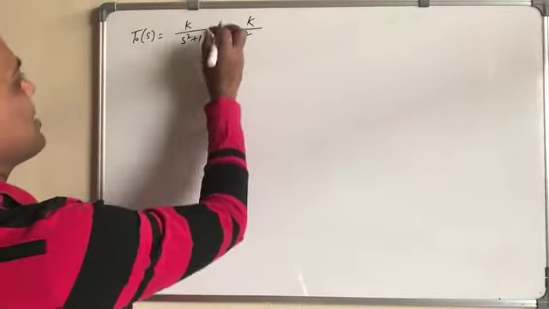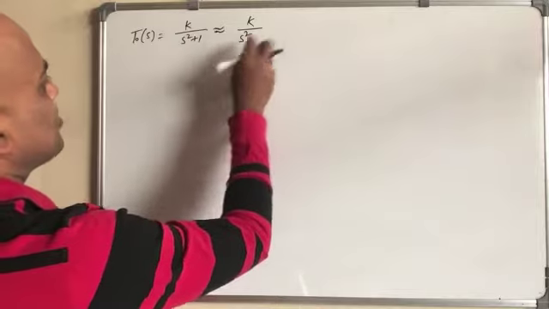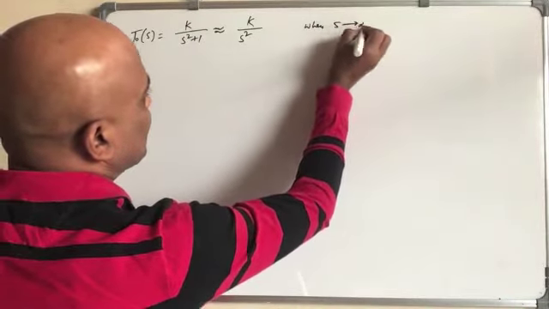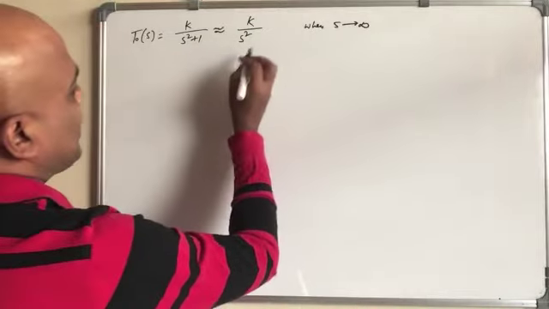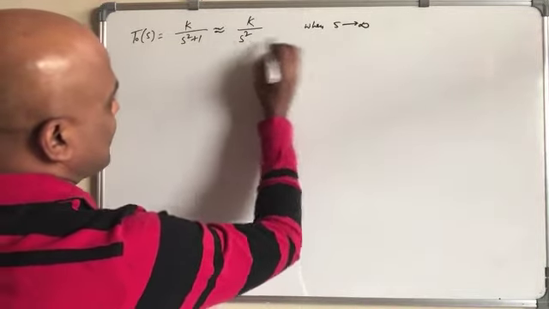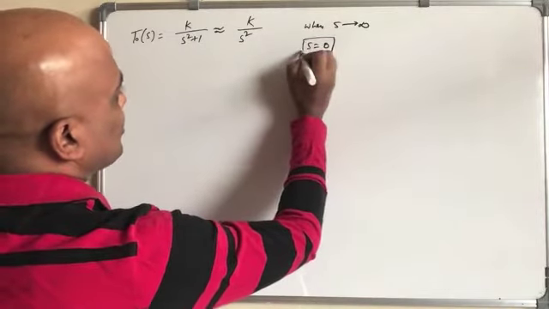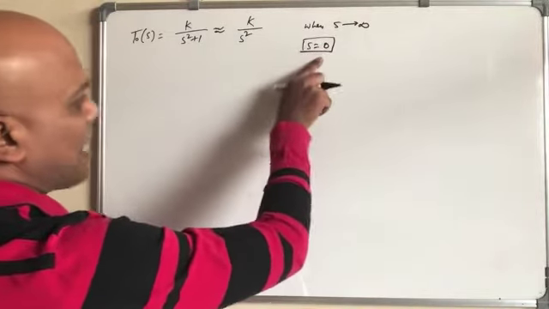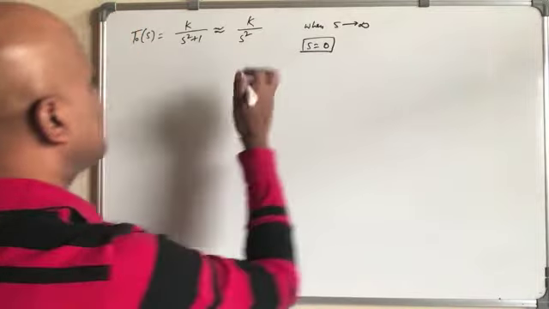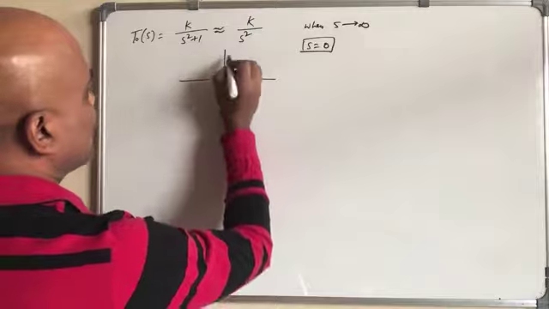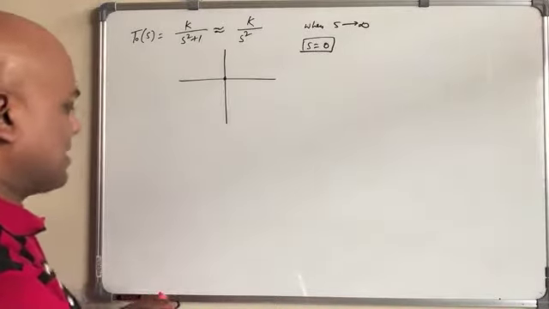This is as good as k over s square when s tends to infinity, right? And then what you get is s equal to 0, right? S equal to 0 is the point where the asymptote will meet, and hence in this case you have this point where it is going to meet, and that we have seen.